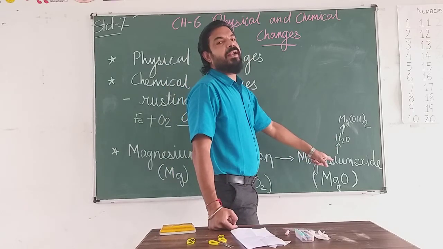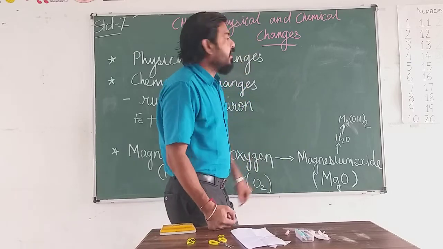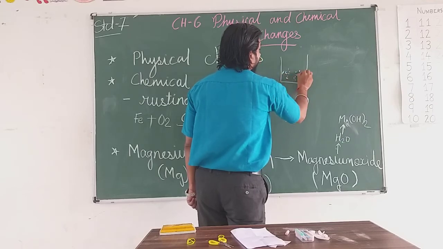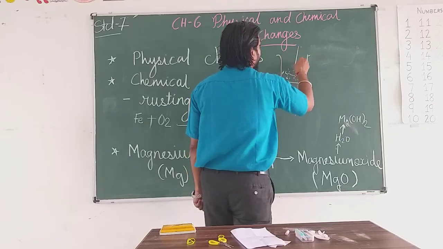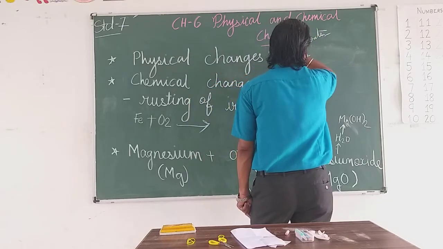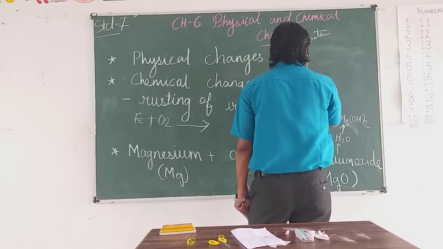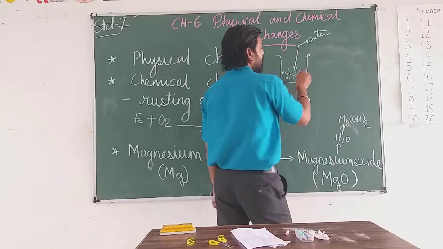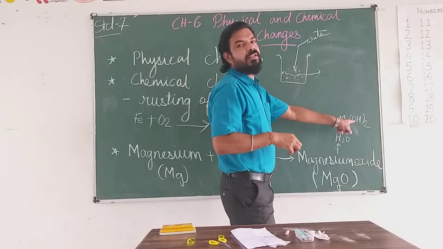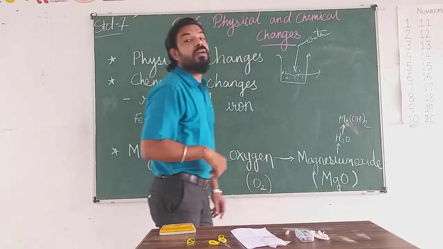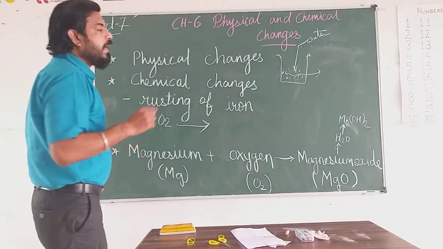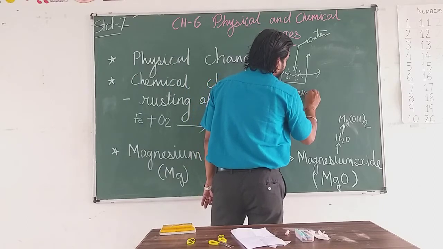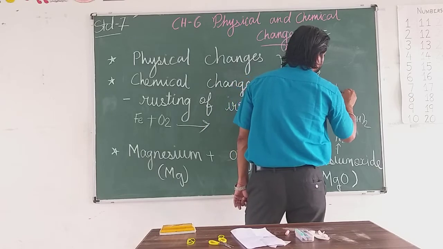And this magnesium oxide, suppose this is the ash of the magnesium oxide, you collect this ash and if you add water, the mixture will give you magnesium hydroxide.